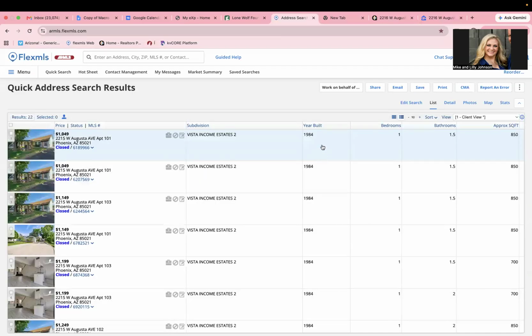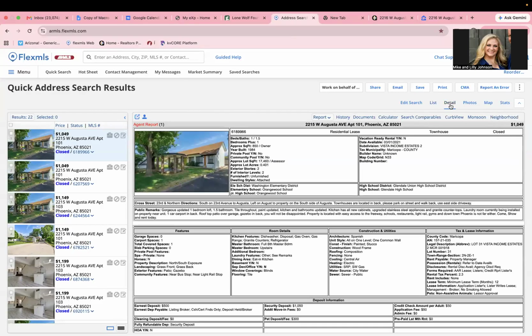Okay, so this is 2216. This is 2215. So the reason I'm doing this is just so I can kind of do the best I can.